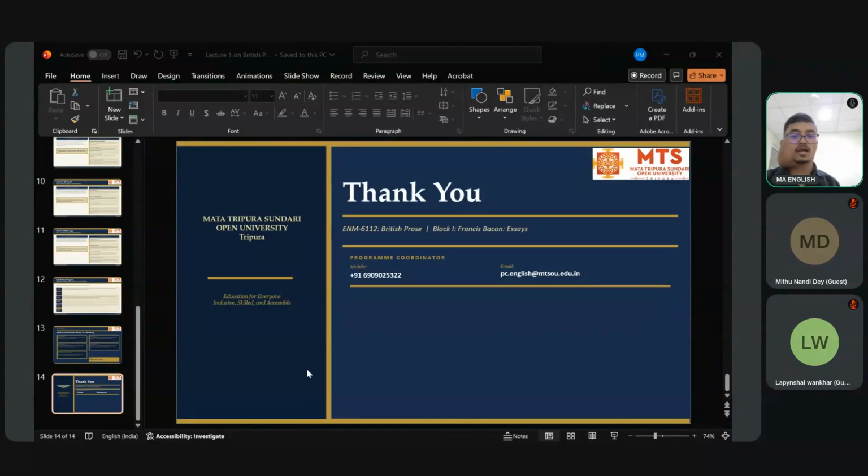The rest of the papers I may take on working days, between Monday to Friday. Any day I will take, because right now I am the only faculty in the English department, so it's quite difficult to take all the classes. After this class, I shall have to take your UG program classes also.